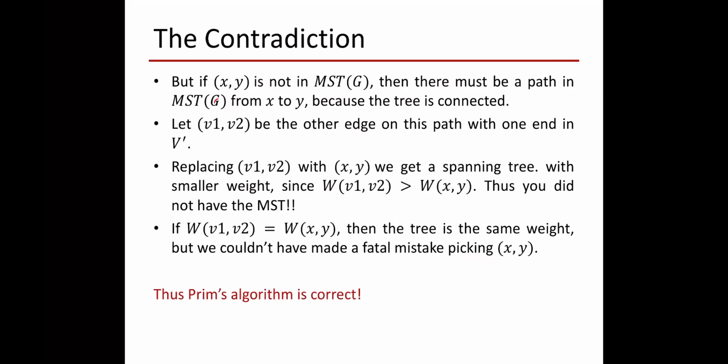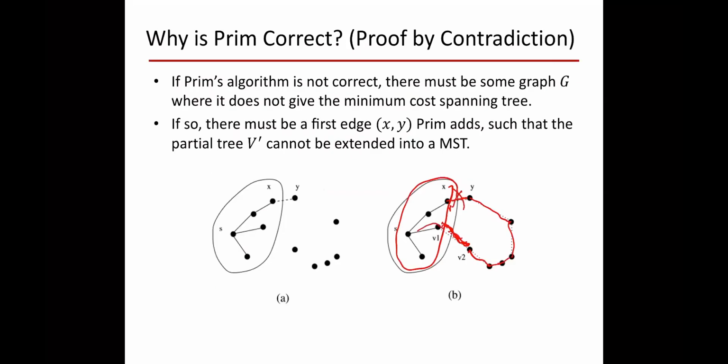So if X, Y is not in the MST, then there must be a path between X and Y. X and Y are connected by this path. Let me erase it. X and Y are connected either this way or this way.